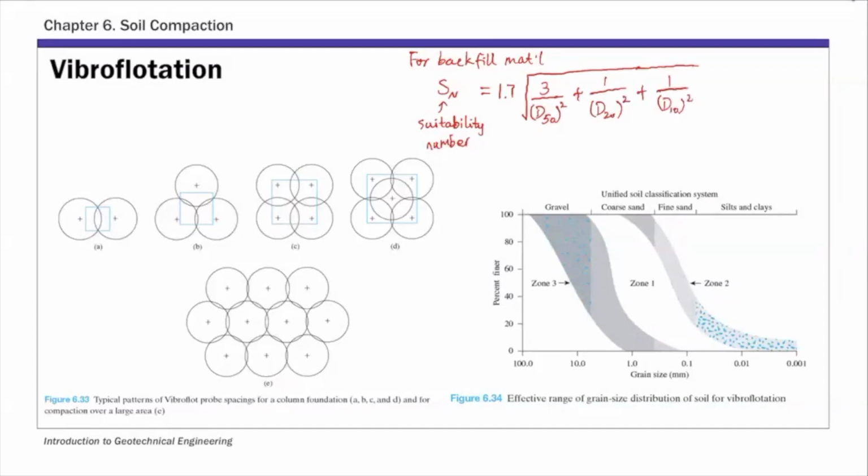So this is the suitability number, and basically the lower this SN number is, the more suitable the material is for use as a backfill. So for SN of 0 to 10, it's excellent for backfill. Okay. If SN is greater than 50, it's not suitable.